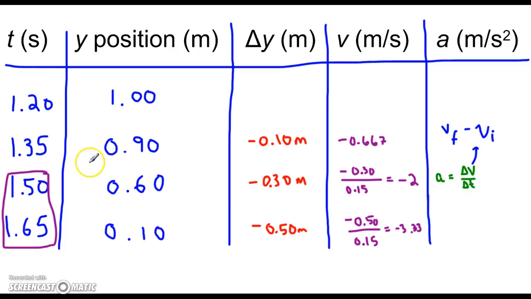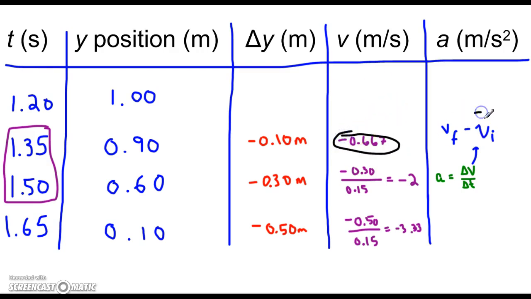And the delta t is the same thing we've been looking at all along. So from this moment, let's consider this interval of time. The velocity changes from an initial value, which is this. That's the initial value. And we have to subtract that value away from the final value.